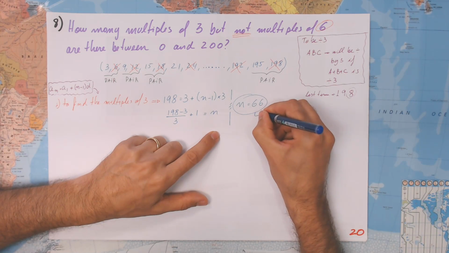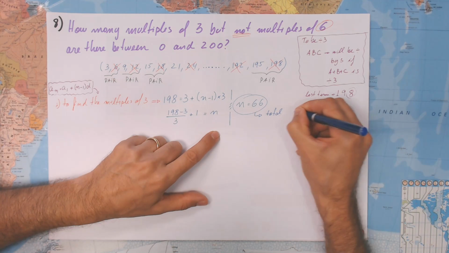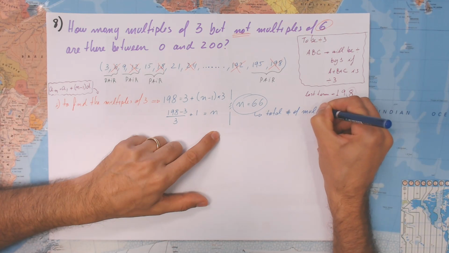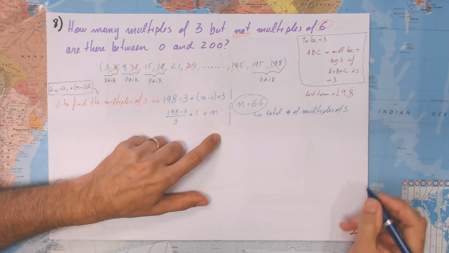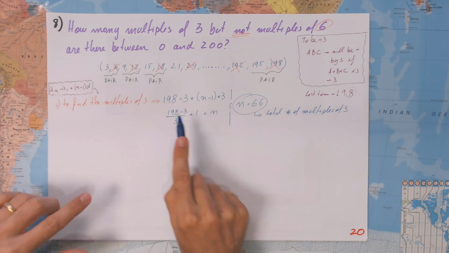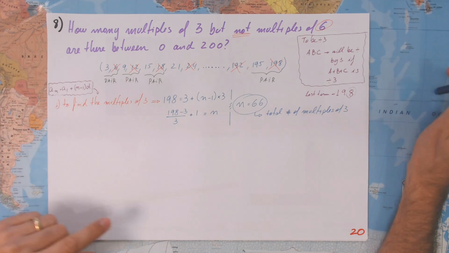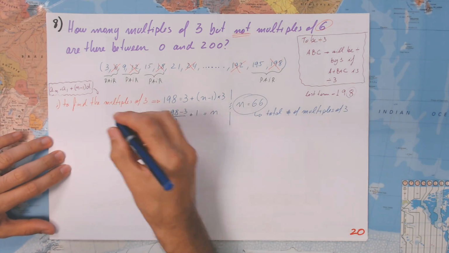What is that? Is that our answer? No, it's not. This is the total number of multiples of 3. But we said that we're going to have half of it, right? Because every 2, 1 is going to be a multiple of 6.